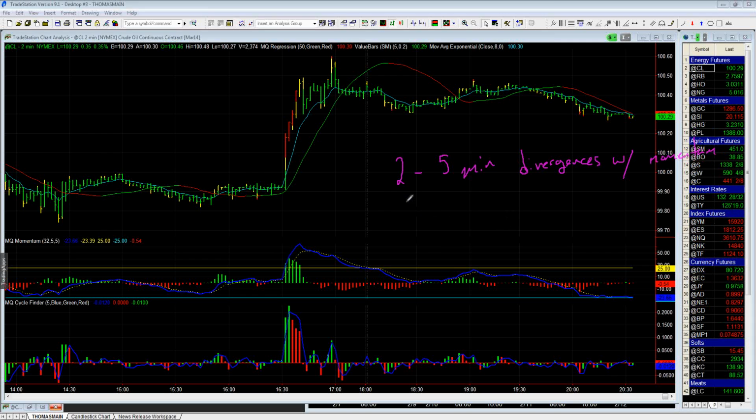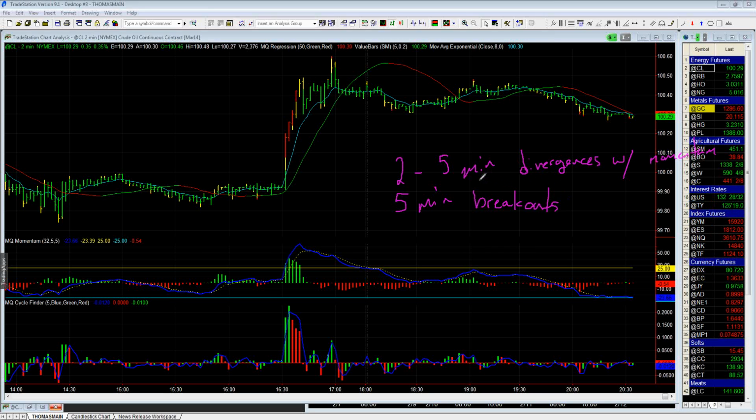The other strategy that I like using for crude oil, for intraday scalps and for short-term trades, is trading on a 5-minute chart and trading 5-minute breakouts. And we'll talk about both of those here today.